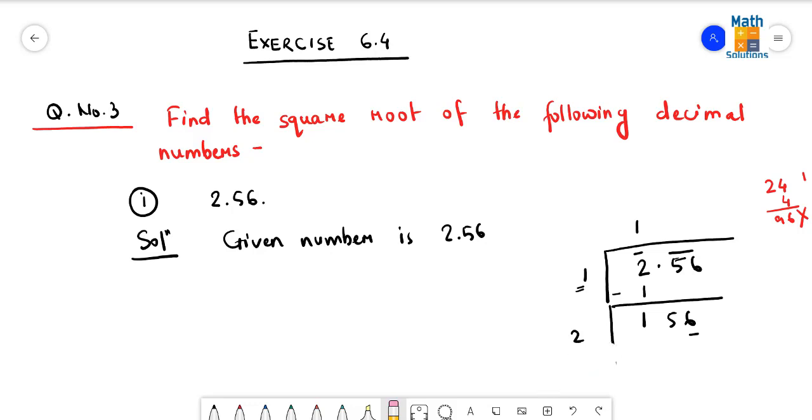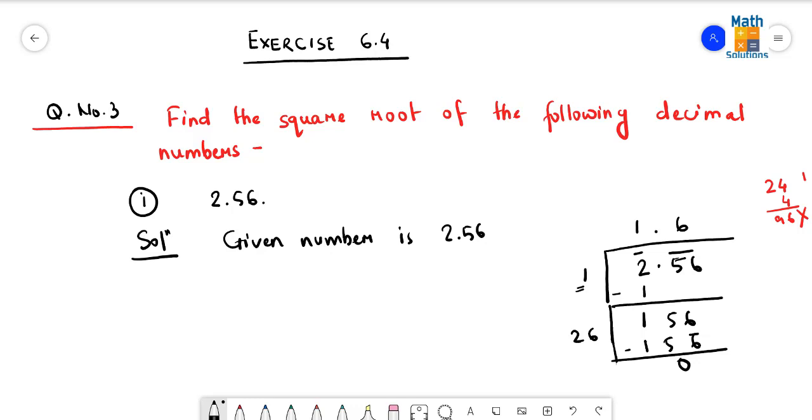So what did I get here? I shall place 6 here, here also it is 6, then 156 could be obtained here. Then on subtraction, we shall get remainder 0. Now what is to be done with this point? This point will go exactly above this decimal.